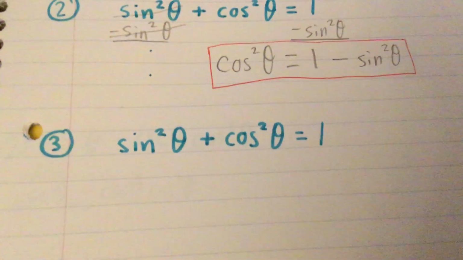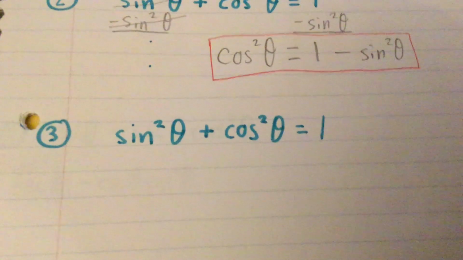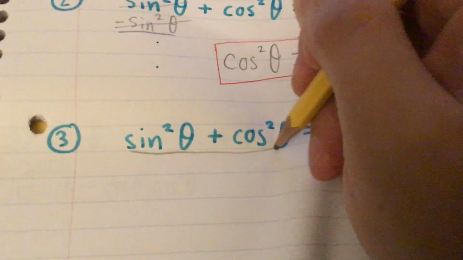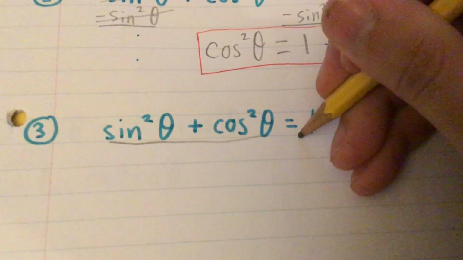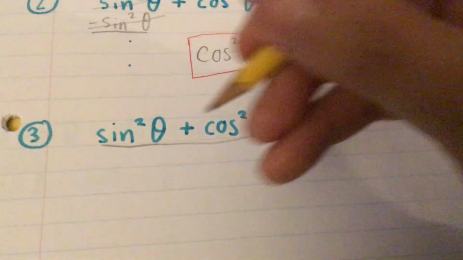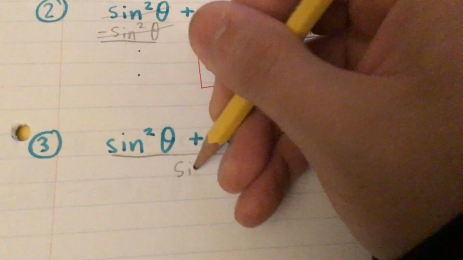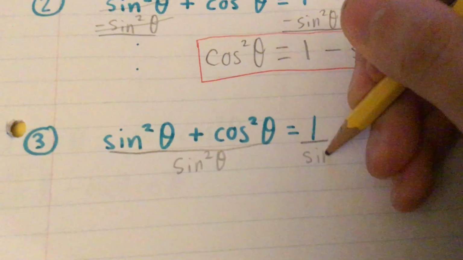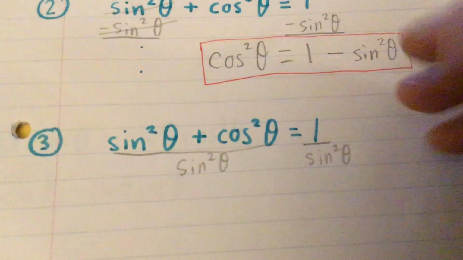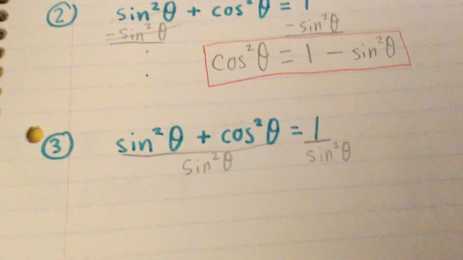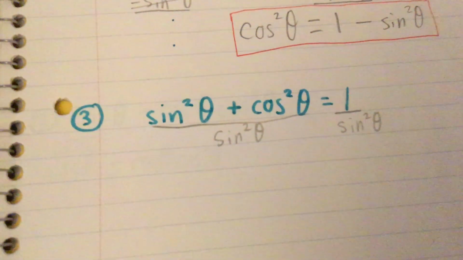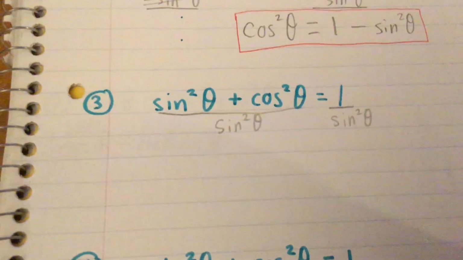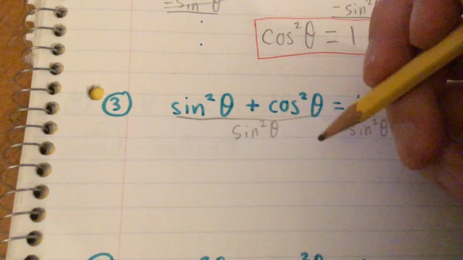But now, just play along with me. What happens if I were to divide both sides of the equation by, let's go with sine squared of theta in the first example. So remember the distributive property? Well, if I distribute multiplication over addition, why can't I distribute division over addition?